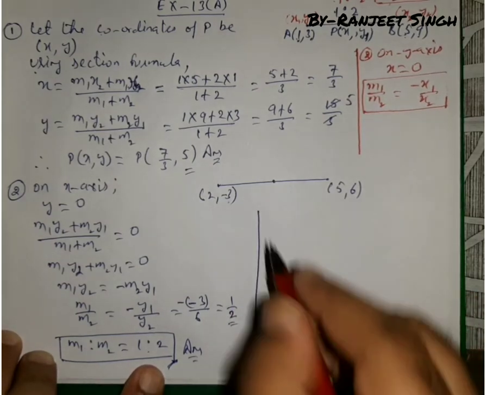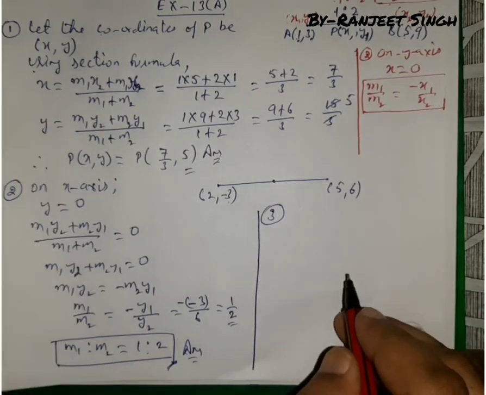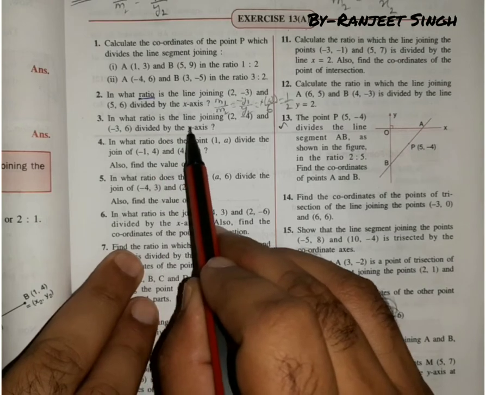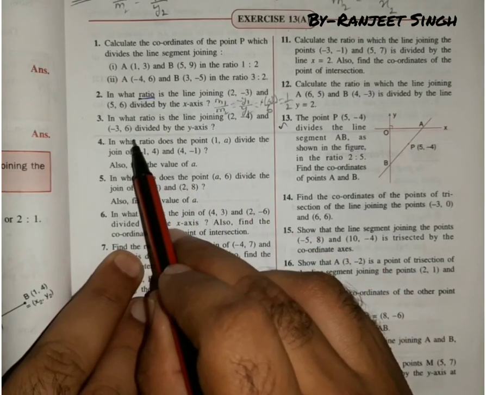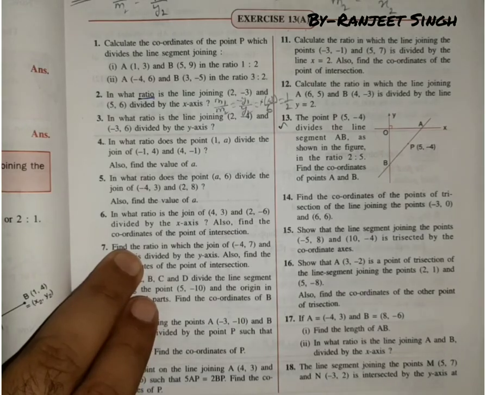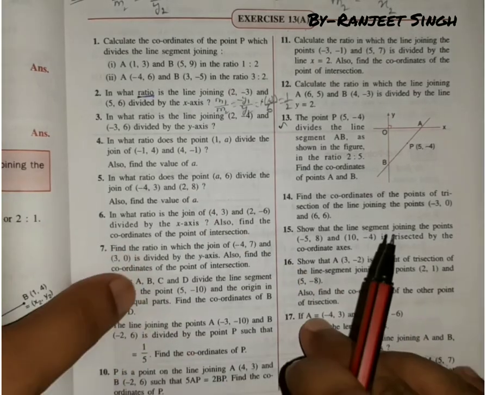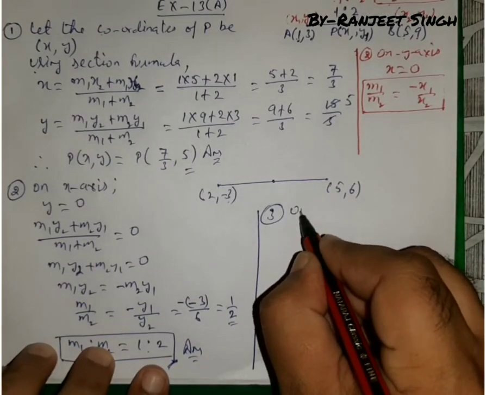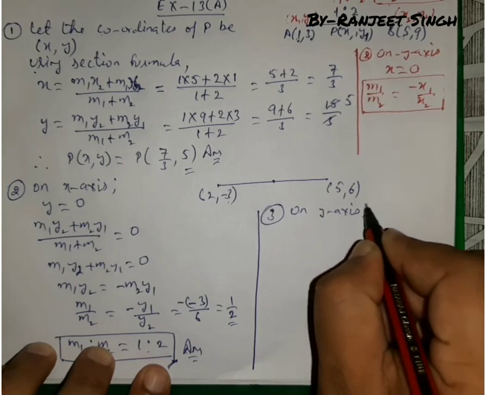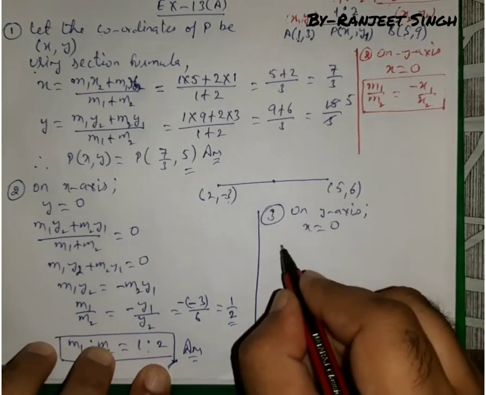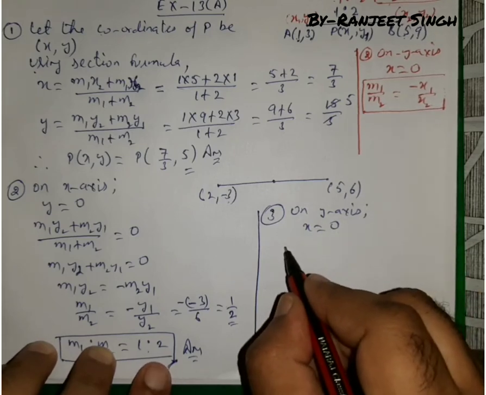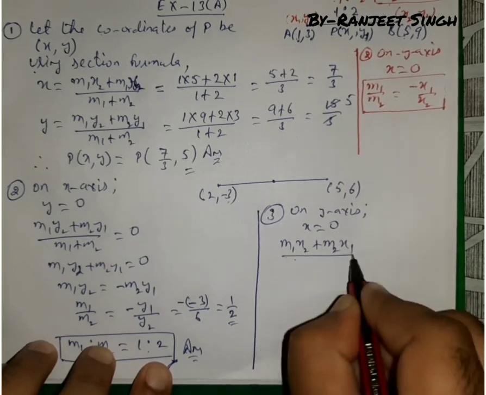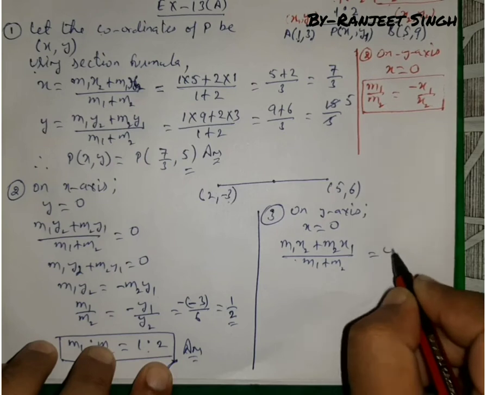Now similarly in question number third, the question says in what ratio is the line joining 2 comma minus 4 and minus 3 comma 6 divided by the y-axis. So in this case we will take x is equal to 0. So on y-axis we have x is equal to 0. So therefore using section formula, m1 x2 plus m2 x1 over m1 plus m2 is equal to 0.